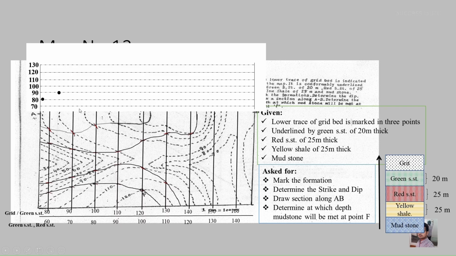Then 100 meter, which we keep on the 100 line. Then 110, here. Then 120, here. This is how we place the contour values. In the same way we have 120 here, then 110, 100, 90, 80. These are the contour values that cross this AB line at particular points. This is how the topography is projected in the section.